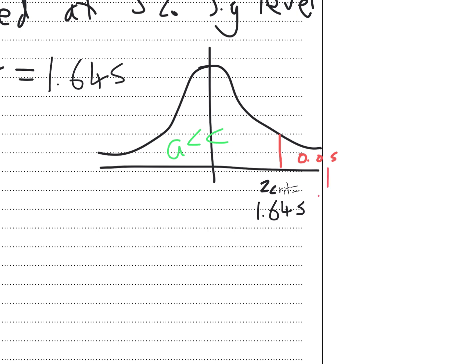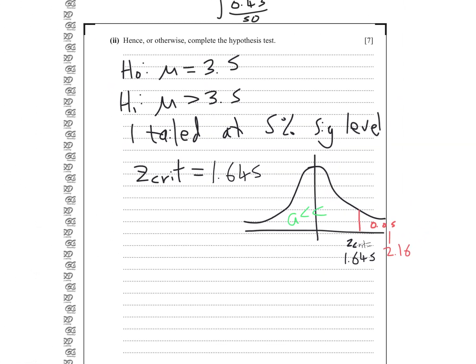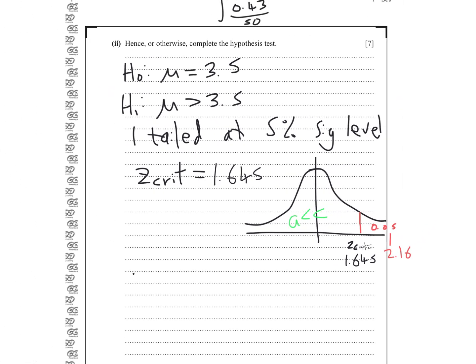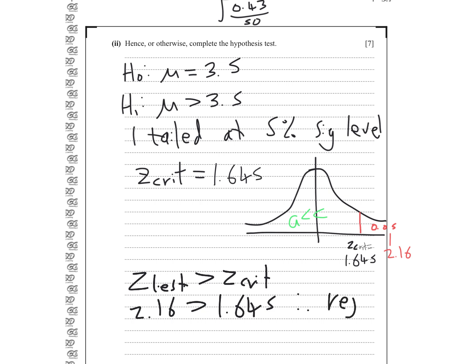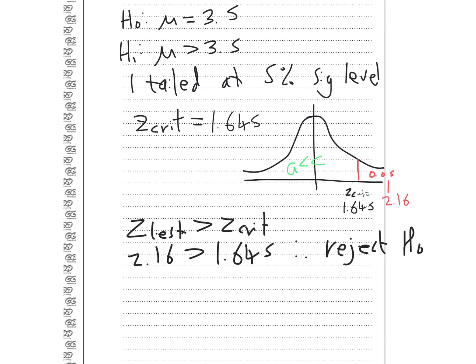We have 2.16, so it's in the critical region. That Z test score is bigger than Z crit, i.e. 2.16 is bigger than 1.645. Therefore, we reject H0. It's too unlikely of that happening. It's less than a 5% chance of getting 2.16. So that must mean that the null hypothesis is incorrect.